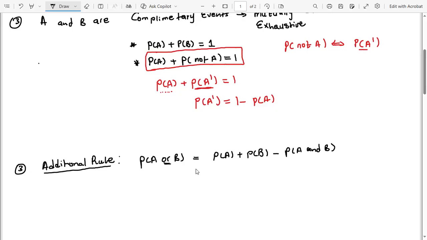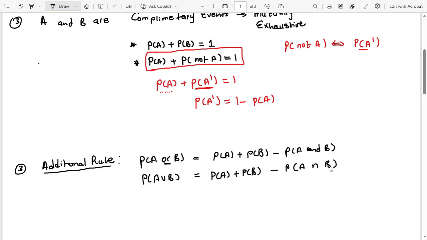Another way to write this formula is the probability of A plus the probability of B. If we say the probability of A union B, that's when you can use that intersection symbol, A and B. And that's it for this one.